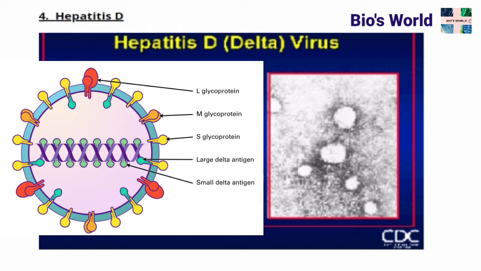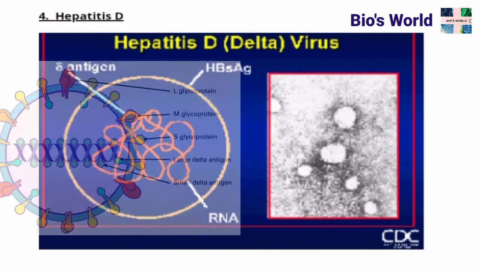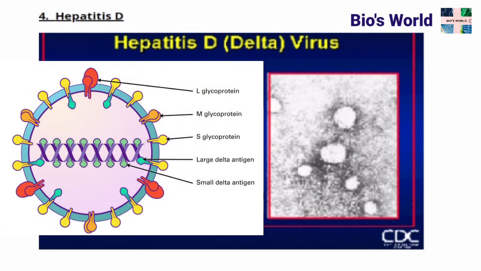Next is about the viral life cycle, which begins when the virus enters hepatocytes through attachment to a cell surface receptor, that is heparan sulfate proteoglycan. It is a receptor which is located at the basolateral membrane and is involved in the uptake of bile acid.